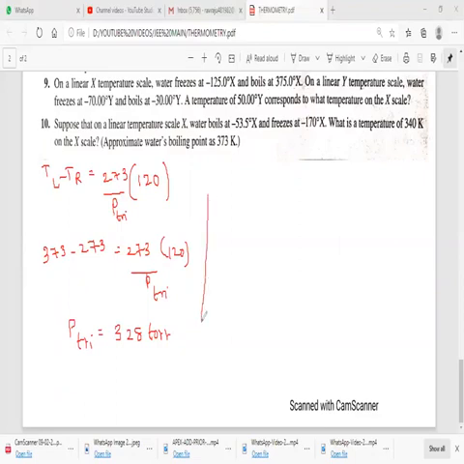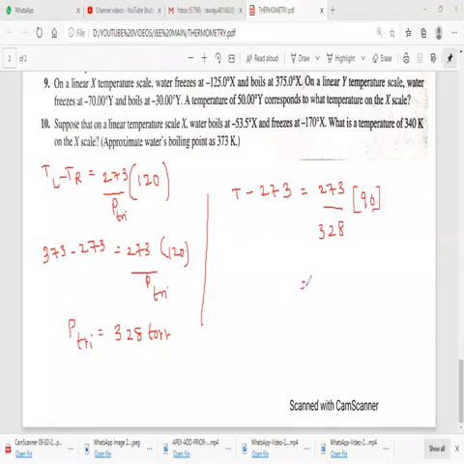Now you can apply the same relation for the second case. In the second equation, we substitute the values in the same equation. On one side there is the unknown temperature, on the other side there is the triple point temperature, and that is equal to 273 by P triple point, which we already calculated, 328, into 90, the pressure difference given in the second case.